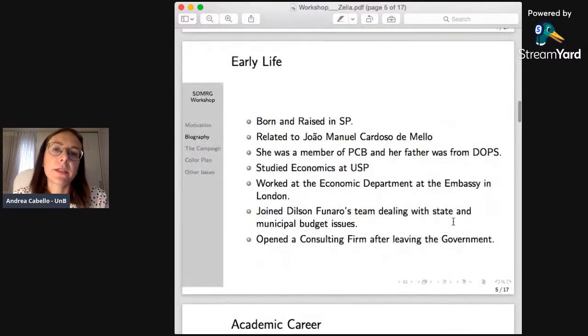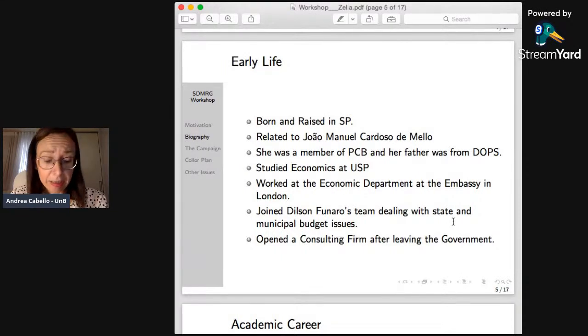In terms of Zelia herself, I think she's a very interesting character. She was born and raised in São Paulo, something that many people do not realize, because she was the minister in a government that had such a liberal agenda, such an orthodox one, though perhaps orthodox may not be the best term to apply here. She was in the first government to apply the Washington Consensus policies, but she was related to João Manuel Cardoso de Mello.